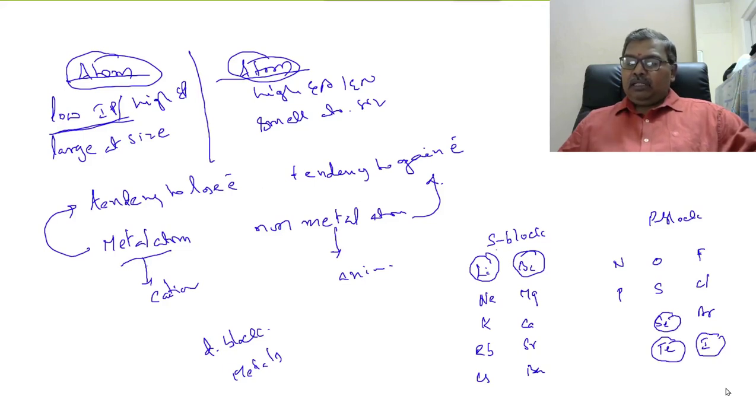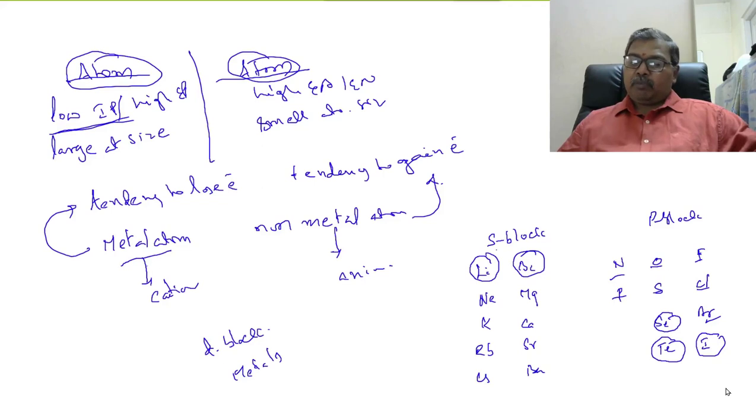So generally, ionic bond is formed between S block elements like sodium, magnesium, potassium, calcium, rubidium, strontium, cesium, barium, and nitrogen, phosphorus, oxygen, sulfur, fluorine, chlorine, bromine. So in those compounds, ionic bond is present, generally speaking.